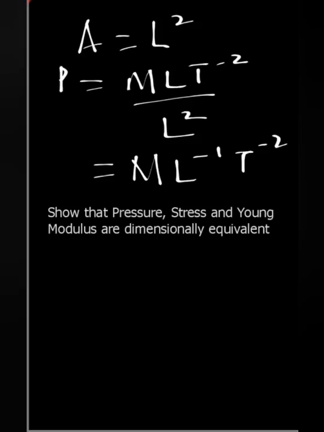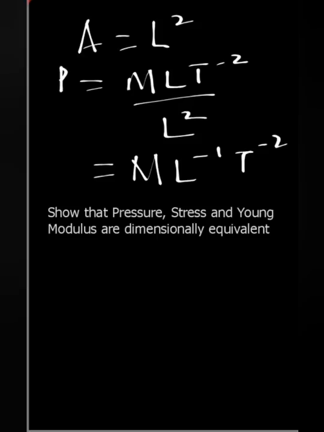The area of use is what differentiates them. Pressure is given as force per unit area. Stress, otherwise called tensile stress, is also the ratio of force per unit area. Then Young modulus is given as the ratio of tensile stress over tensile strain.